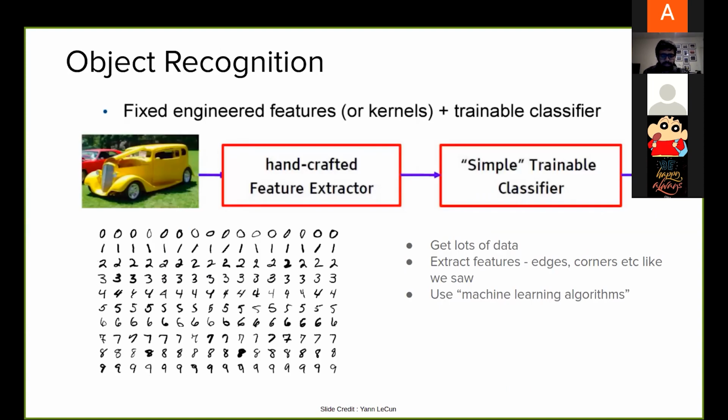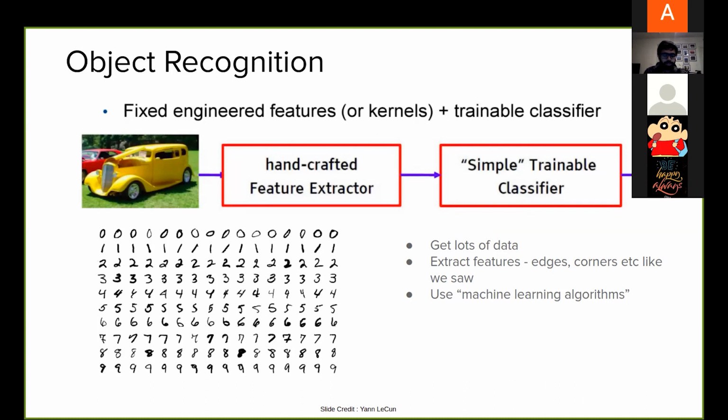So scientists, before all this era of deep learning and neural networks, came up with these methods. Again, they tried to learn from how humans learn. So how humans learn is that, for example, when a kid learns what a zero is, what a one is, it sees a lot of zeros, right?